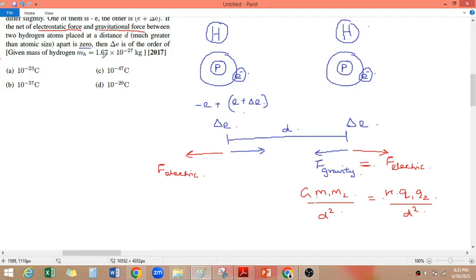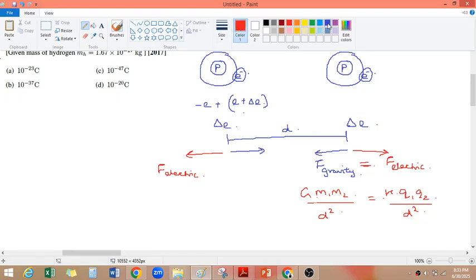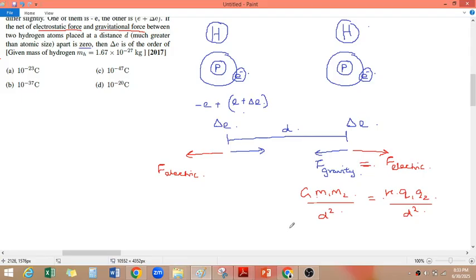So mass of hydrogen atom is given for one atom. So G is, anybody remember the value? 6.6 into 10 power minus 11, I think. Is that right? Anybody remember?